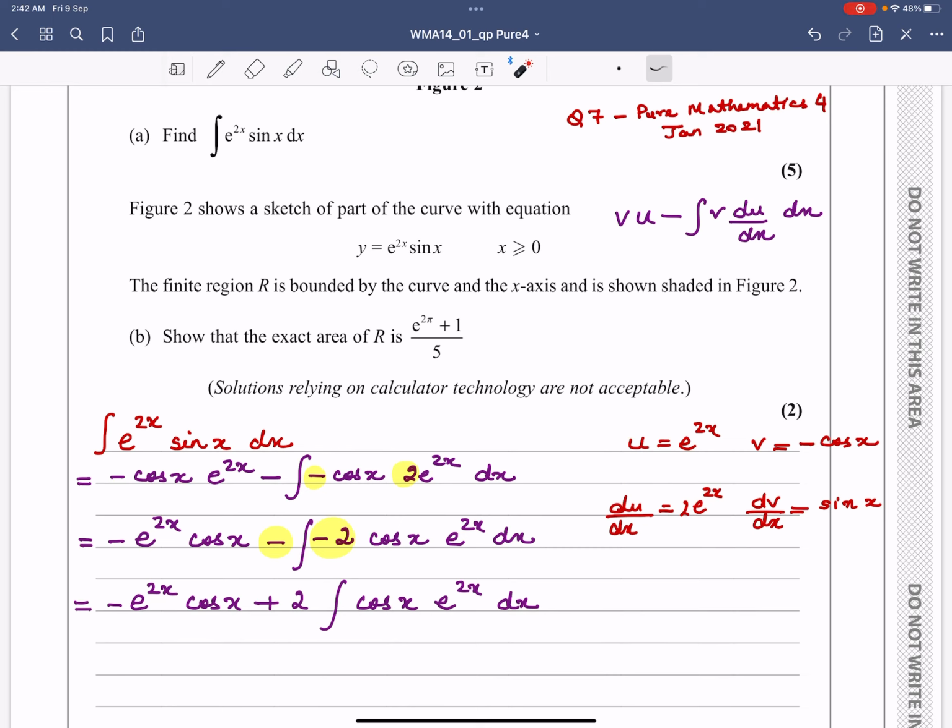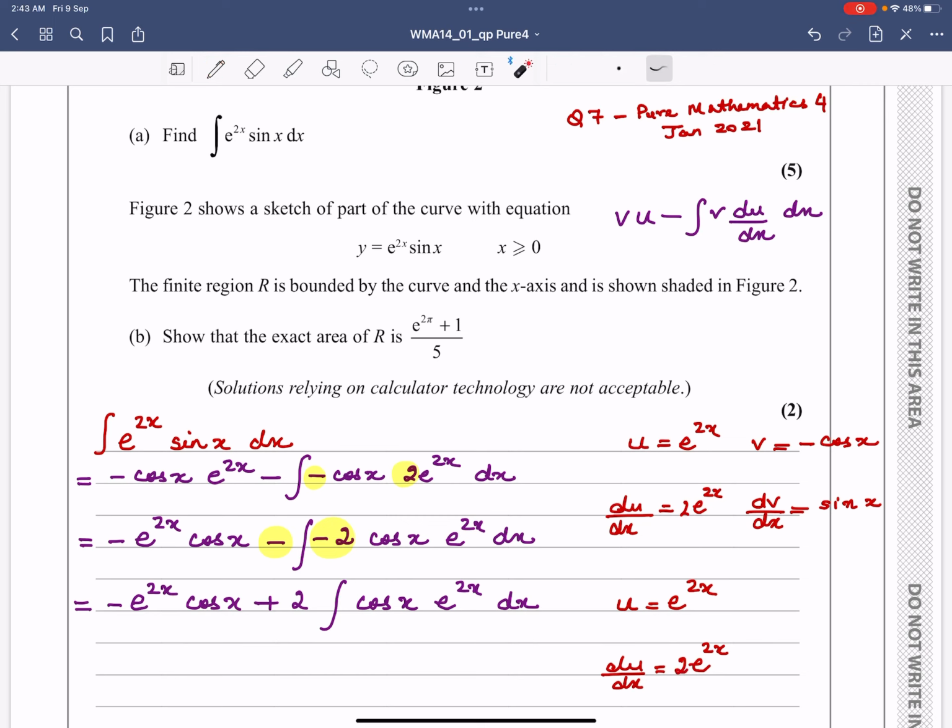So once again, I choose my u to be e to the power of 2x, and I can conveniently find du/dx: the differential of e to the power of 2x will be e to the power of 2x, and the differential of what is inside the function, 2x, will be 2.